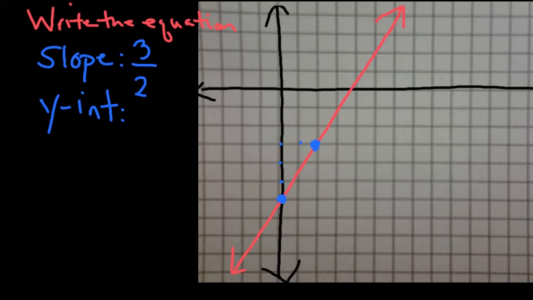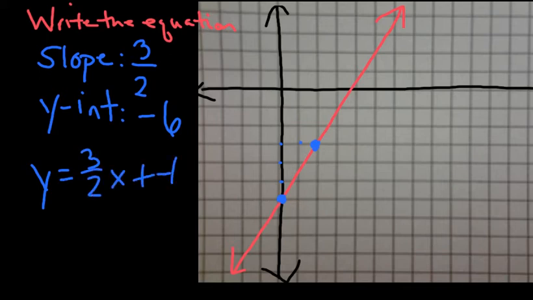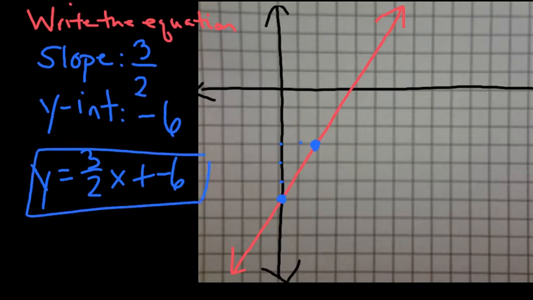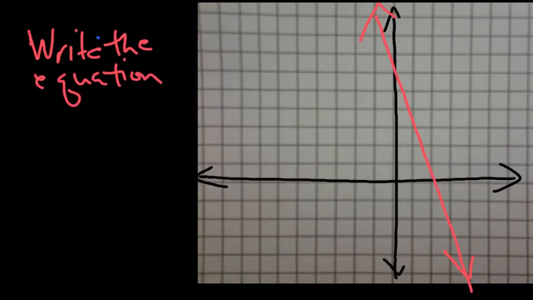So the y-intercept is negative 6. So now I can write my equation because I found the slope and the y-intercept. So my equation is y equals 3 over 2x plus negative 6, or you could have put minus 6. There's my answer.